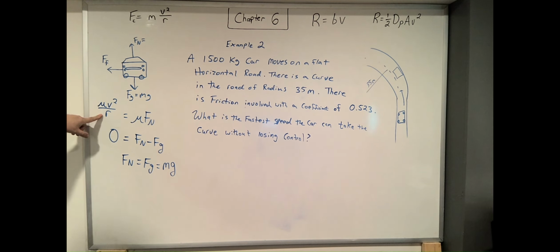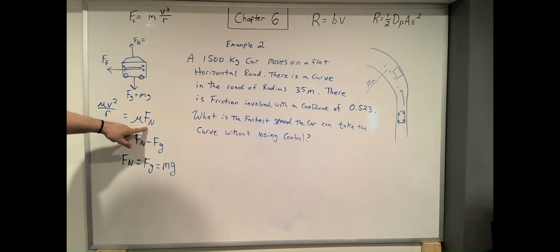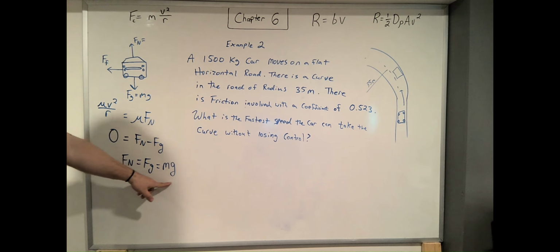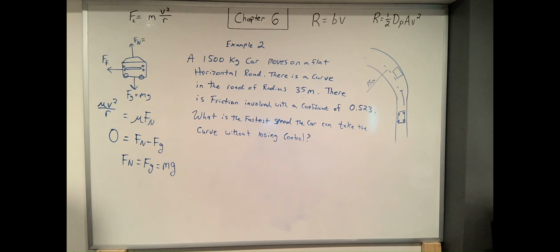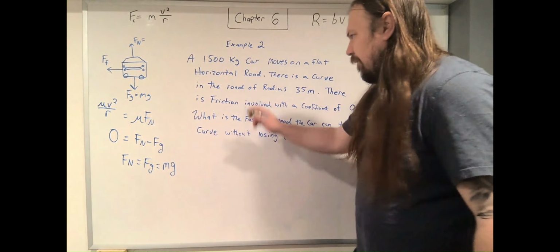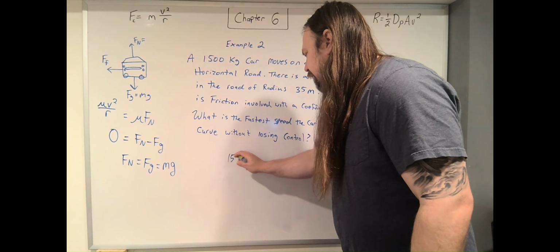Okay, so this is looking pretty good. Mu, that was given in the problem. And the normal force I can solve by using this property of the y direction forces, right? I know that the normal force is equal to m times g. And again, I know mass and I have gravity. So everything here should be solvable. If we start writing these things out, we'll have 1500 for our mass.